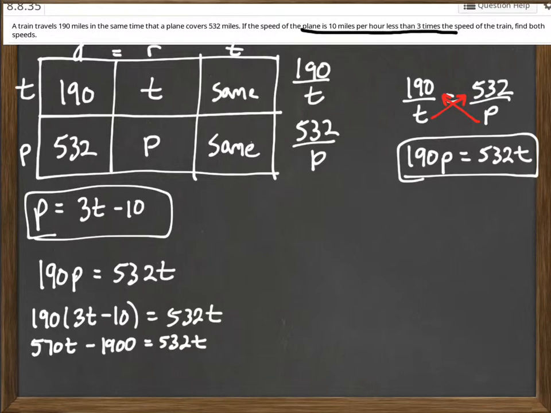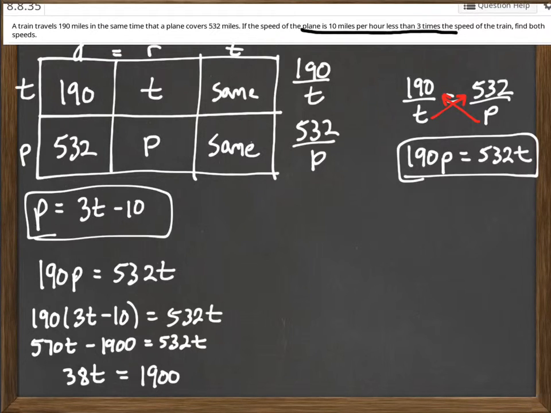So now I'm going to bring the 532t over by subtracting it, so I can get the variable on one side. And when I subtract that from 570t, I get 38t. And then to save a little bit of writing, I'm going to move the 1900 over to the other side as well. And so I get 38t equals 1900.